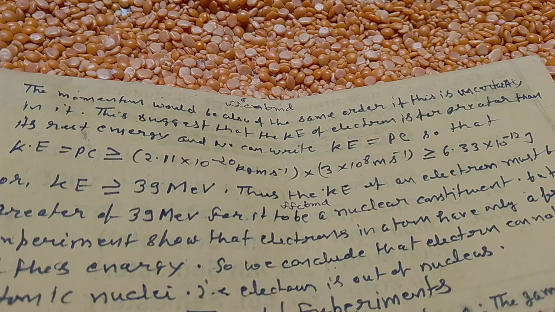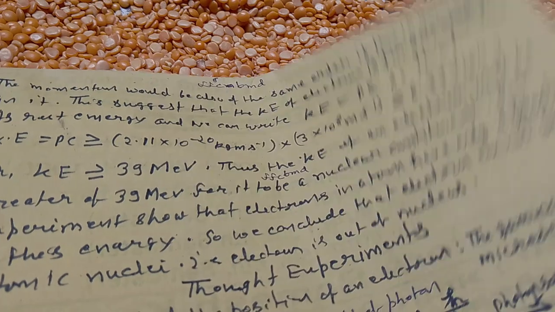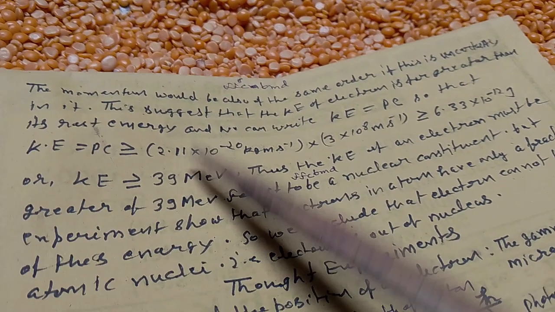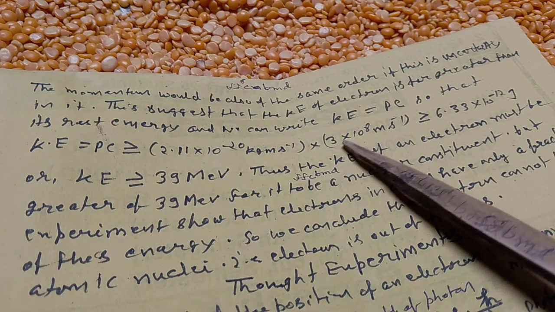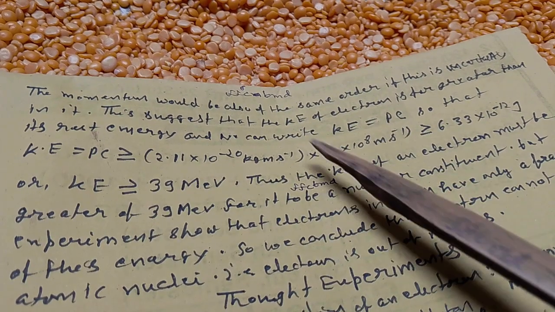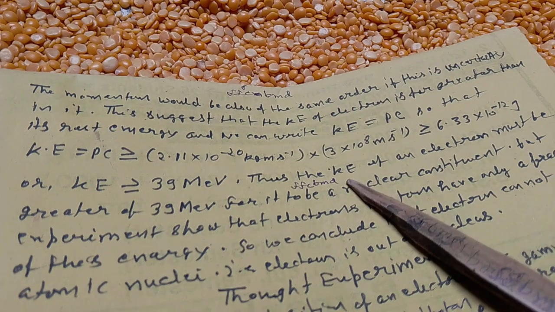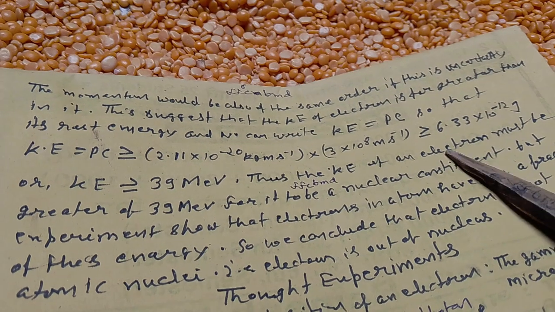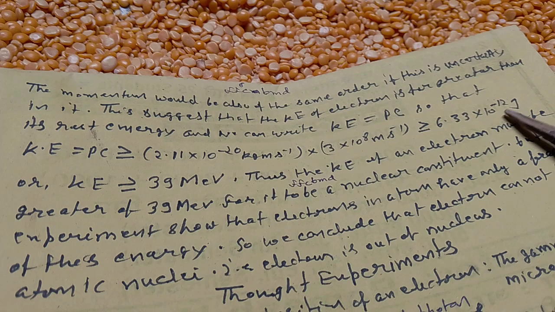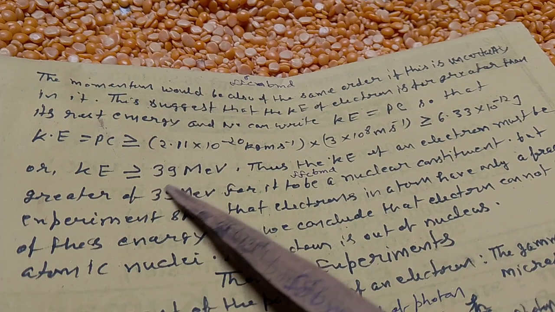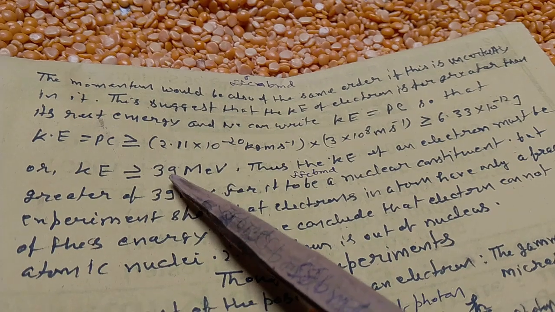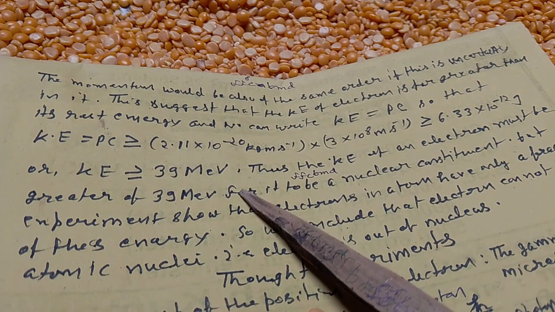This suggests that the kinetic energy of the electron is far greater than its rest energy, and we can write kinetic energy equals pc, greater than or equal to 2.1 into 10 to the power minus 20 kg meter per second into 3 into 10 to the power 8 meter per second, which comes out to be greater than or equal to 6.33 into 10 to the power minus 12 joule. So kinetic energy in electron volt is 39 mega electron volt.